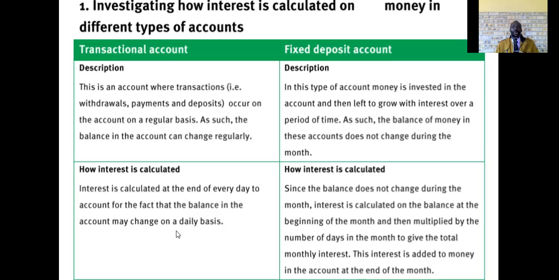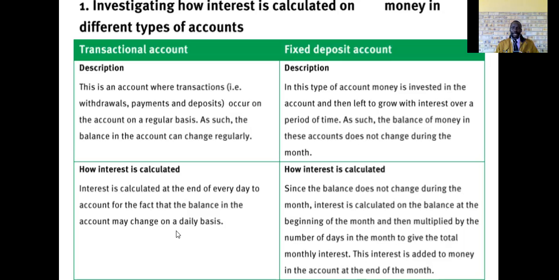It's an automatic thing. So the bank is already set. Once you open an account there, and it is grouped under transactional account, every day the bank will be charging you interest.